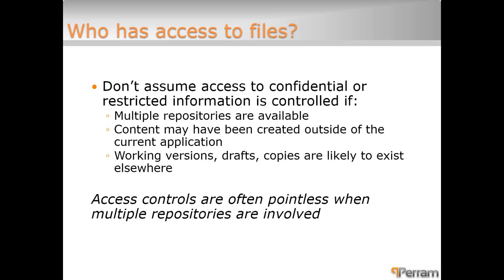And without a broader view of that, I think a lot of organizations are not properly securing the content that they mean to properly secure. They may be securing one copy of it or one version of it, but there's likely lots of other versions of that content out there as well.